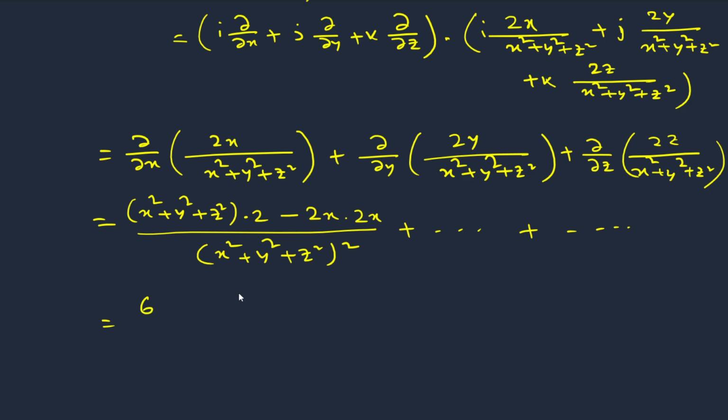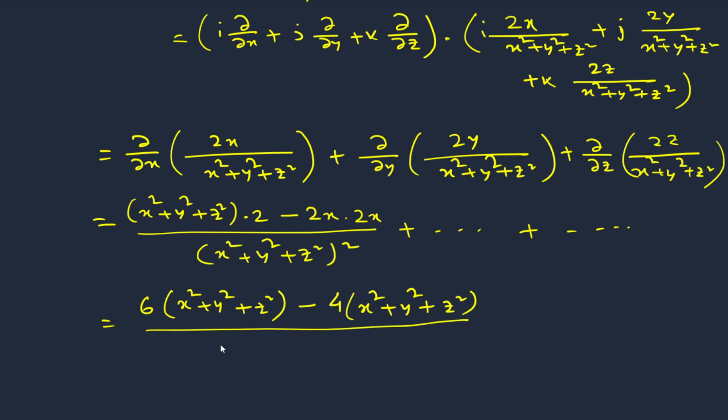So when we add all the terms, it will be 6 into x square plus y square plus z square, and then in the first term we have minus 4x square. In the second term you will get minus 4y square. In the third term you will get minus 4z square. So if we take 4 common, it will be x square plus y square plus z square, whole thing divided by x square plus y square plus z square whole square.